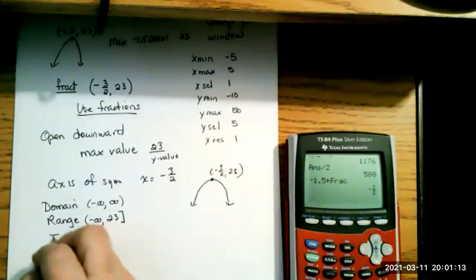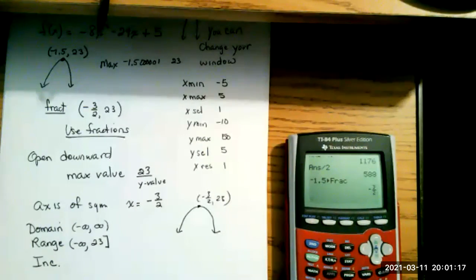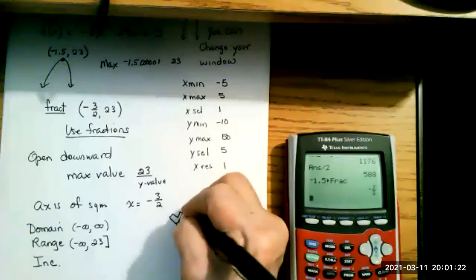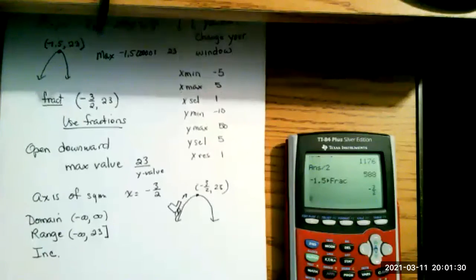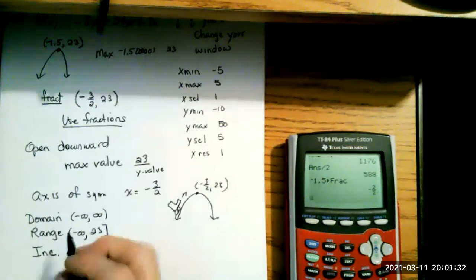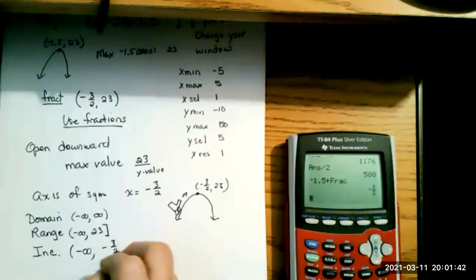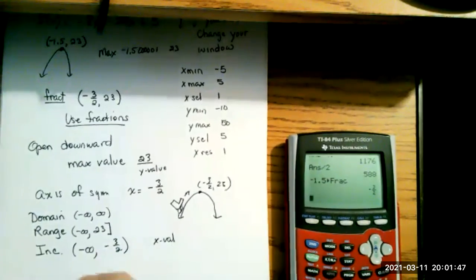Now let's do where it's increasing. Like negative infinity to negative 3/2. Remember, you use the x values for where it's increasing and decreasing.